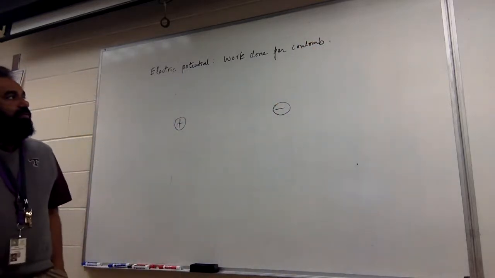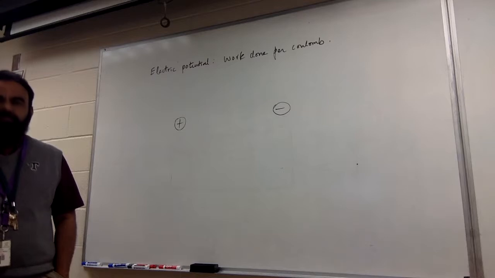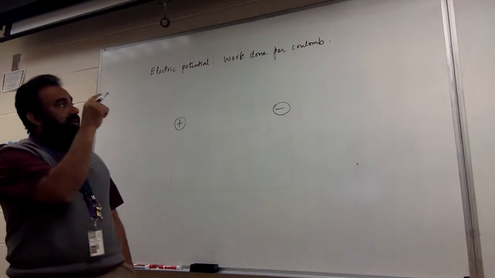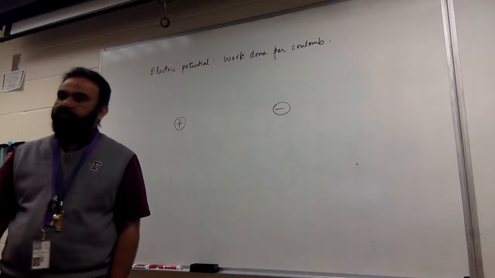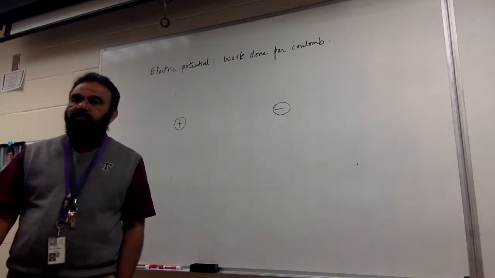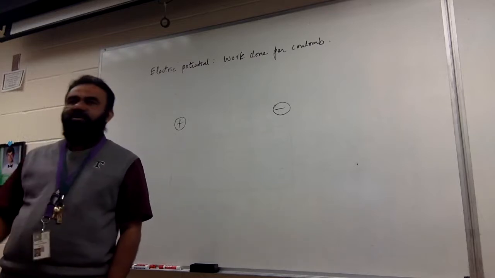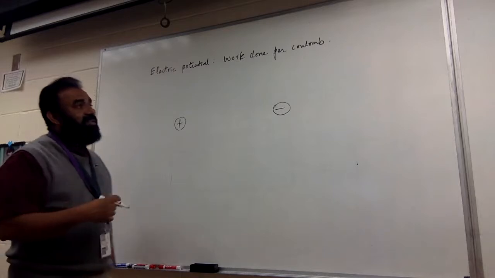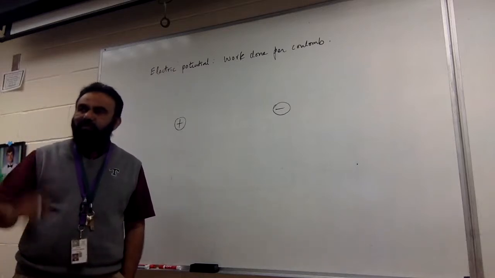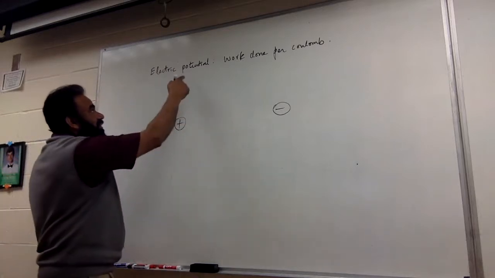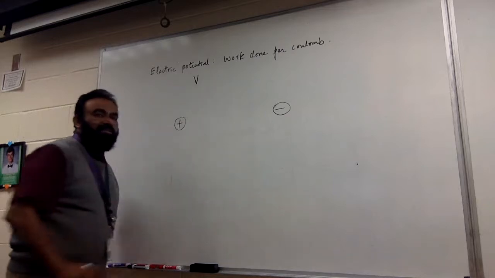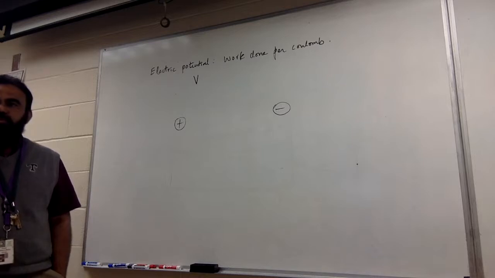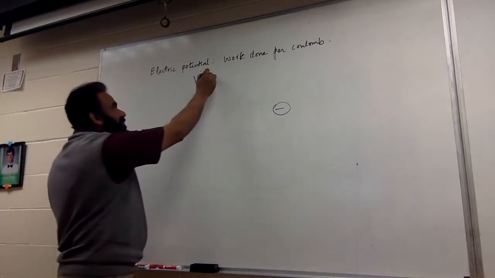The work done per coulomb, that is what we call potential. Electric potential energy is the total amount of energy, but more important is to know how much is the work done per coulomb. Then you can figure out everything else. This is given the symbol V. Electric potential is symbolized by the capital letter V.